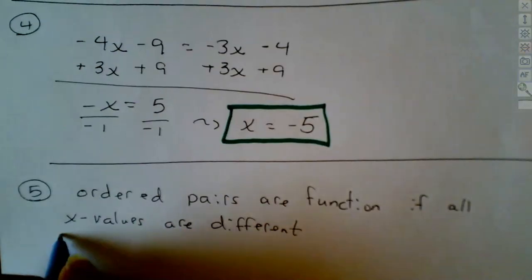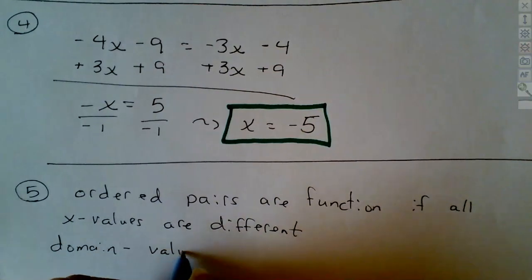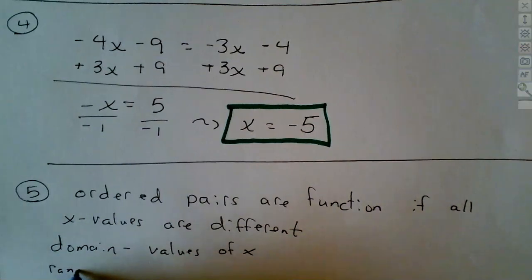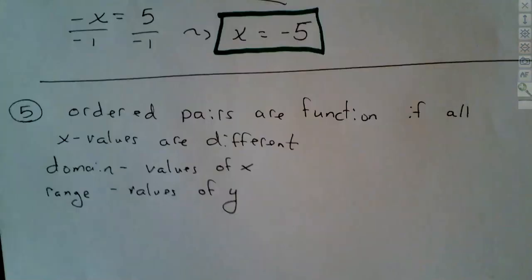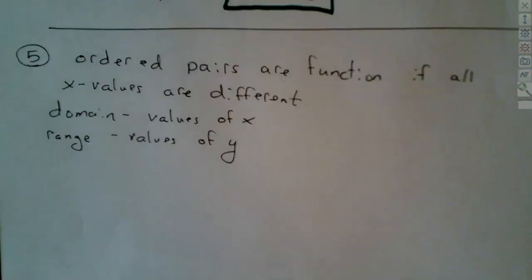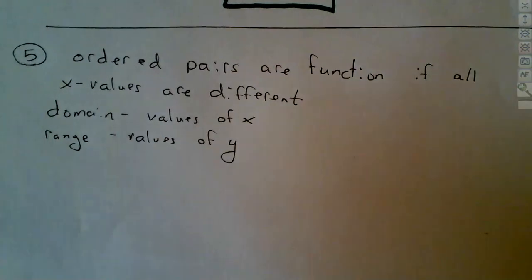The domain is going to be the values of x, and the range is going to be the values of y. So ordered pairs are a function if all the x values are different, and the domain is the values of x, range is the values of y.